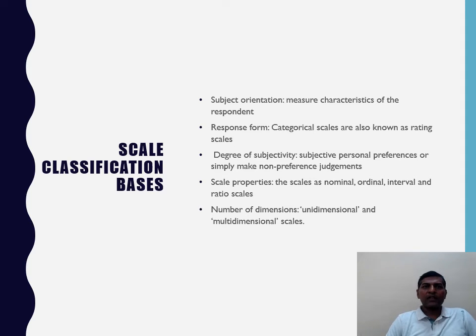Third is degree of subjectivity. Subjective personal preference, or simply making no preference judgments. So the preferences will be defined as per the subject for which we are collecting information. Preference-wise information collection will help us define the importance of that particular subject, the importance rating of that subject.